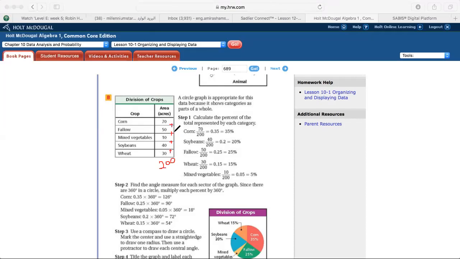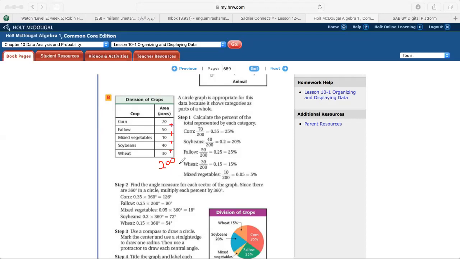So here I got the total. I got the total because the corn is a part of the total and the fallow is part of the total and the mixed vegetables part of the total. To find the total, I add all the components together. After adding 70 and 50 and 10 and 40 and 30, they are all 200.